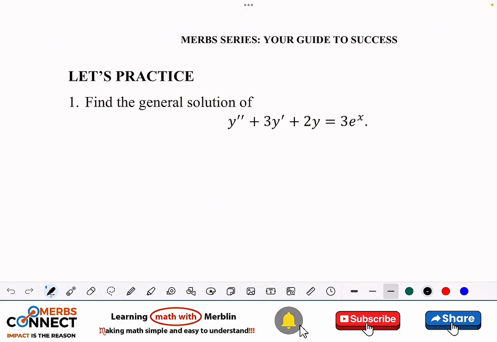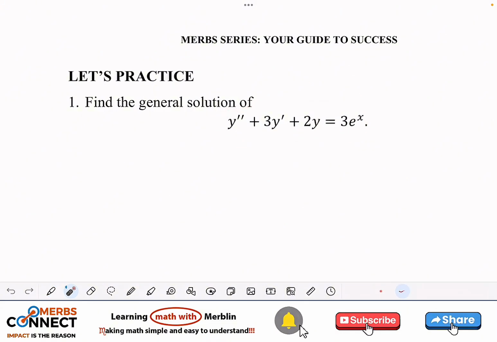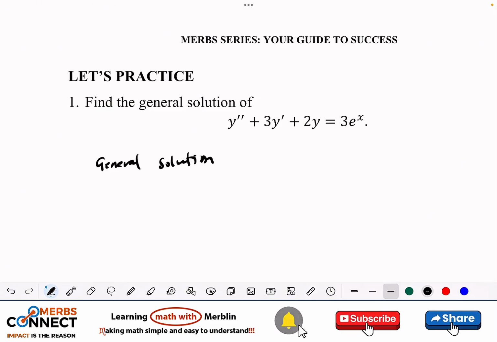Good. So let's start. Given this, what we need to do first is consider the homogeneous aspect. But I'll just give some few notes here. Now we know that the general solution is given by y, which is equal to yc plus yp.